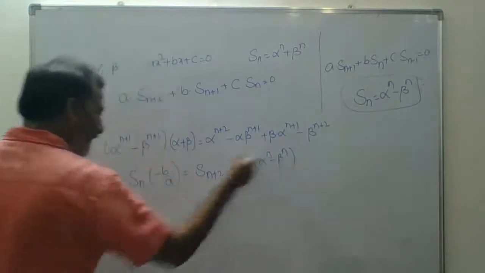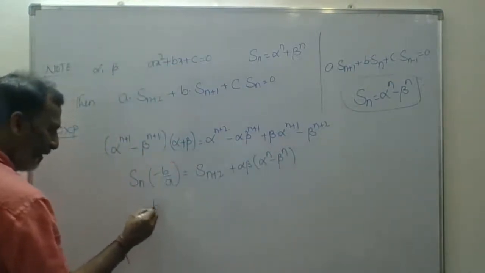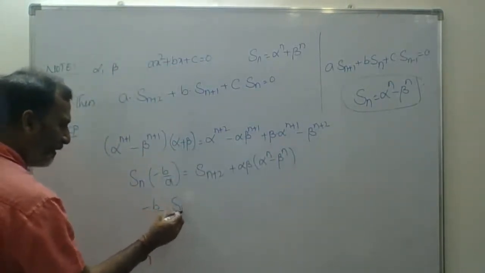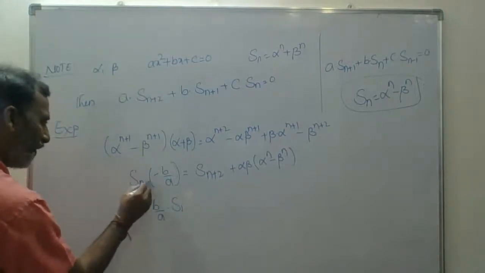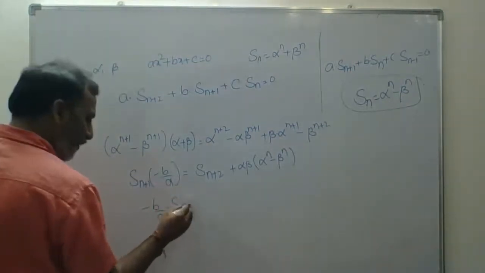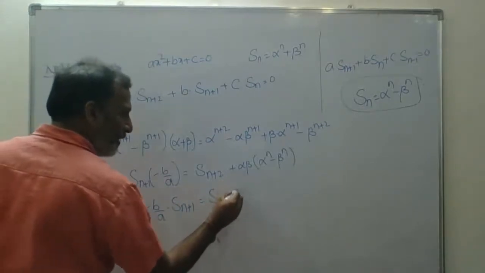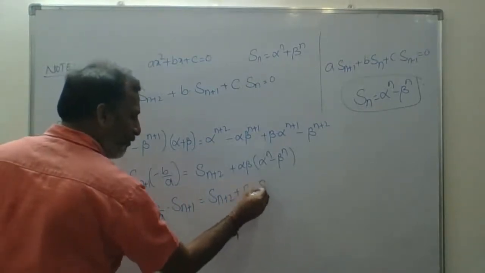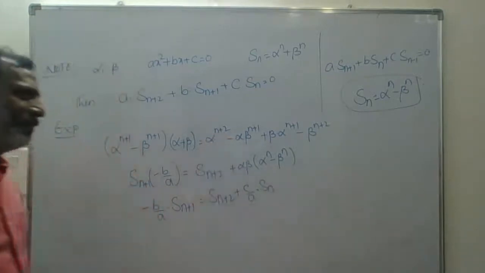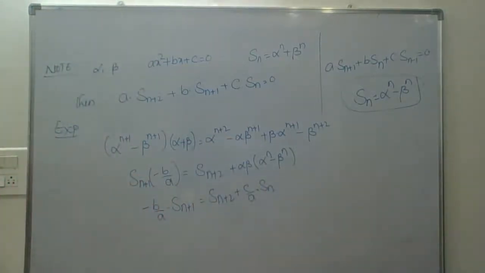అప్పుడు ఇదేమవుతుంది? Sn, సో మైనస్ b/a ఇంటూ Sn+1, ఓకే, n+1 కదా, Sn+2 is equal to... what is this? ప్లస్ c/a ఇంటూ Sn. సో నీకు ప్లస్ ఇచ్చిన మైనస్ ఇచ్చిన ఏం బాధలేదు, ఒకసారి బై హార్ట్ చేసేయండి.